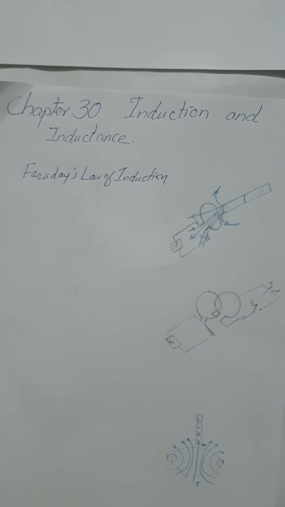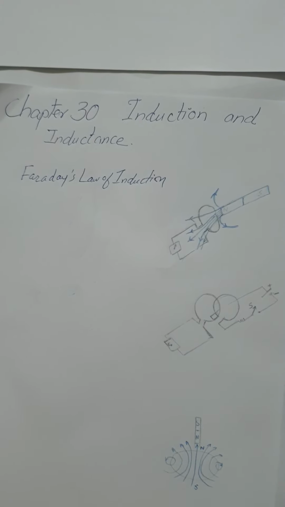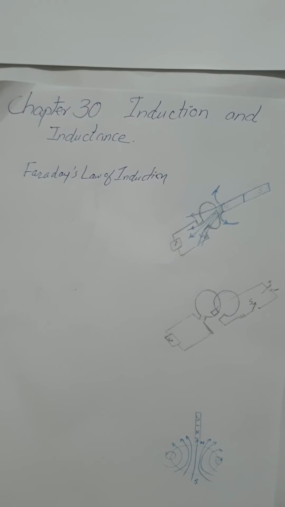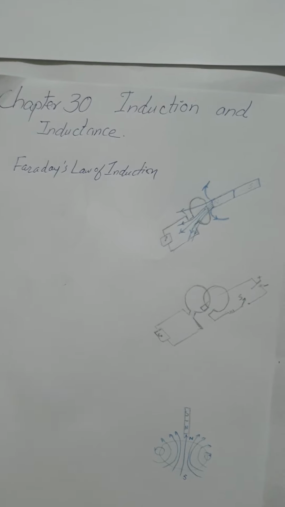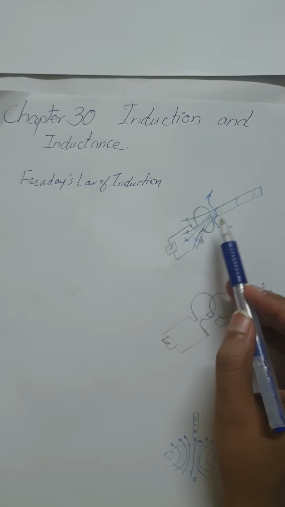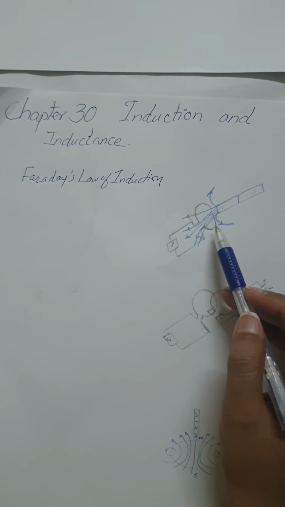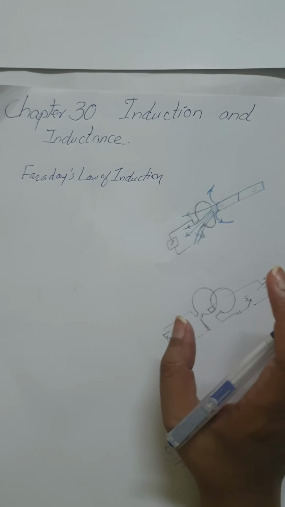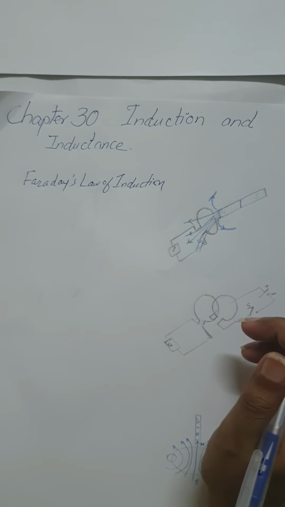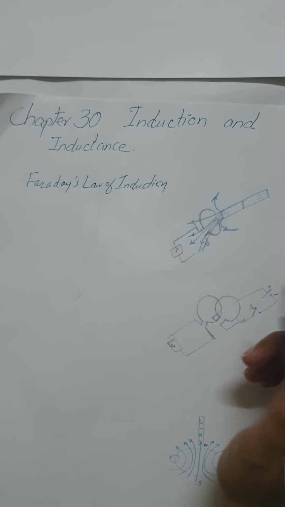So what do we discover? We discover that a current appears only if there is a relative motion between the loop and the magnet. One must move relative to the other, and the current disappears when the relative motion between them ceases. Faster motion produces a greater current.